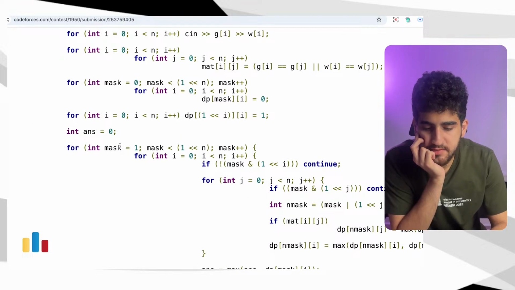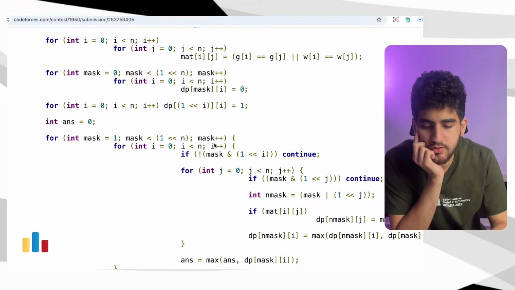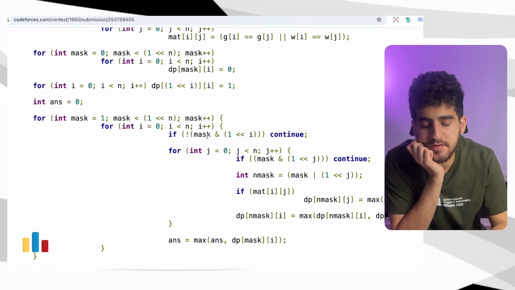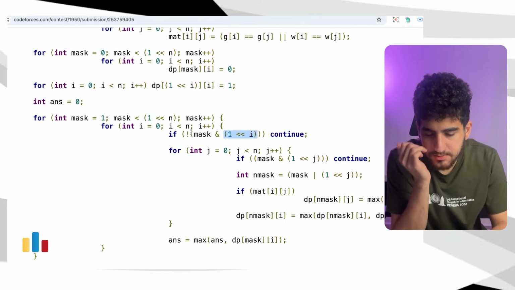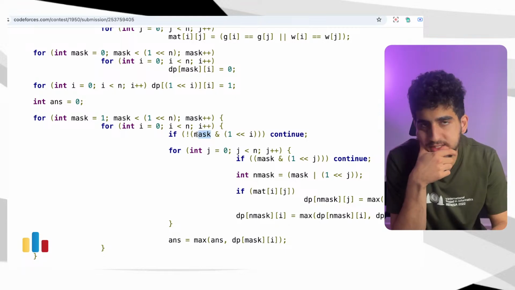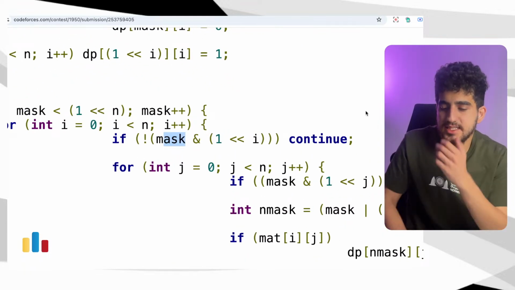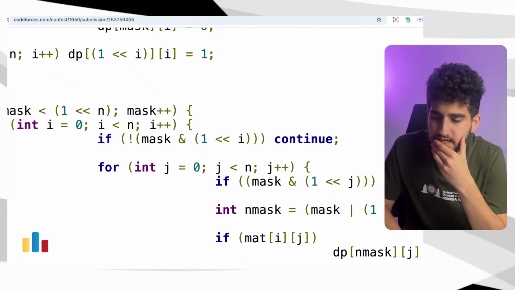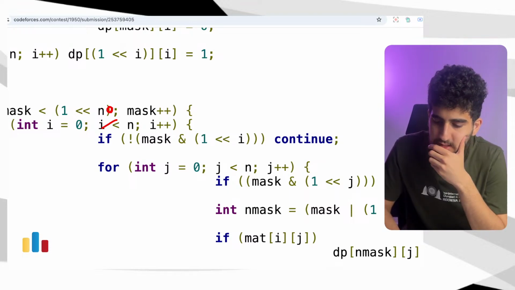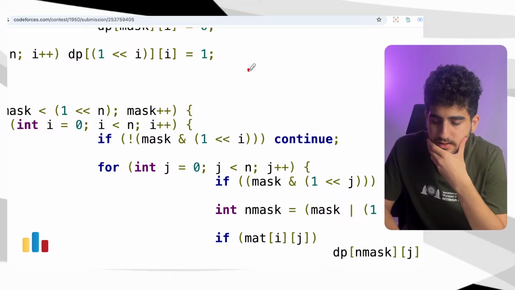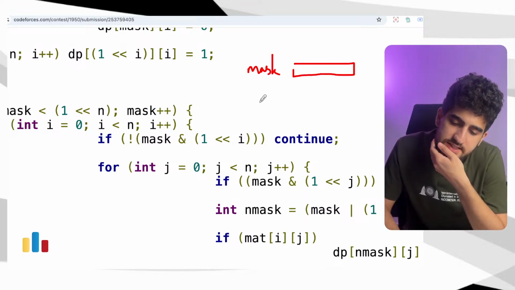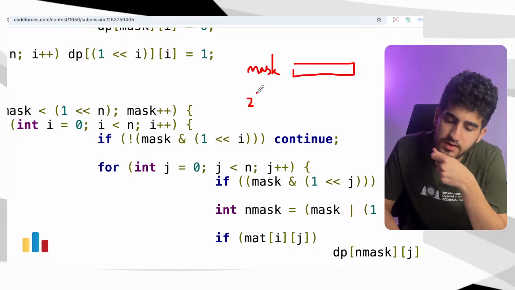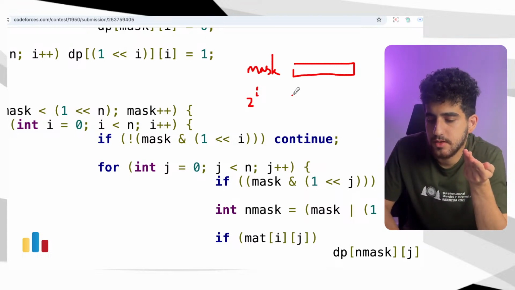And then I have a for on mask from 1 to 2 to the power of n, and for I from 0 to n. Definitely 2 to the power of I and mask must be non-zero. What is this if checking? Let's assume that I have some mask. It says let's calculate the AND of this mask and 2 to the power of I. What is the binary representation of 2 to the power of I?